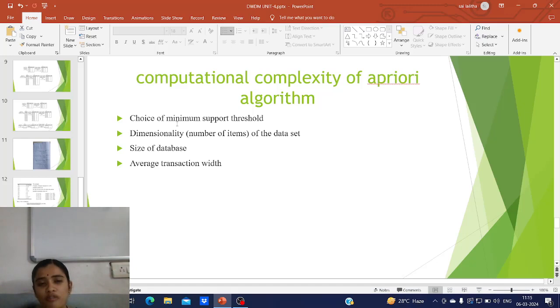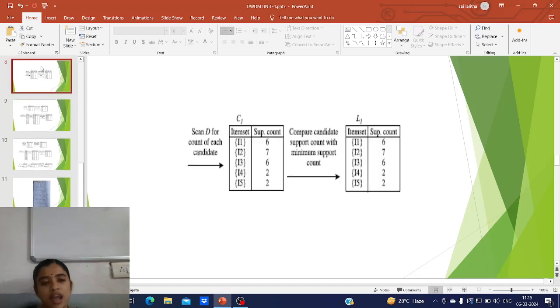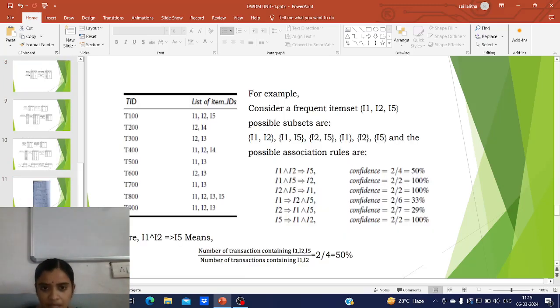If the number of items in the data set is increased, we have to generate a lot of candidate item sets and a lot of frequent item sets. For that, we need a large database. That is also one of the computational complexities.